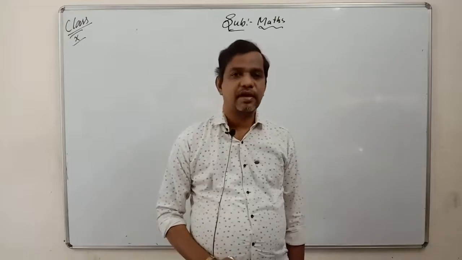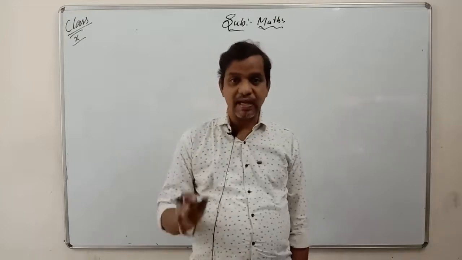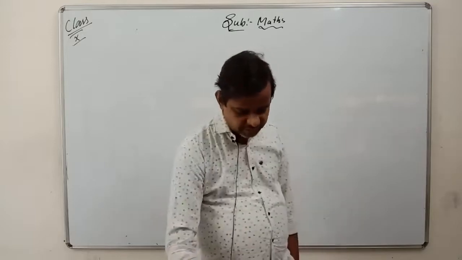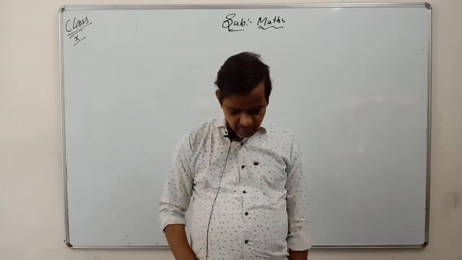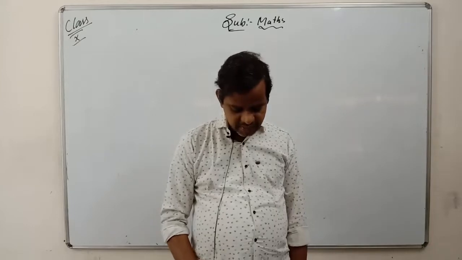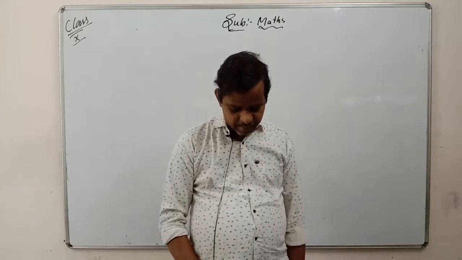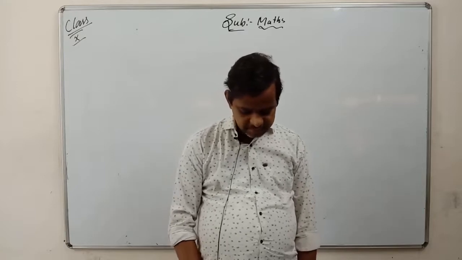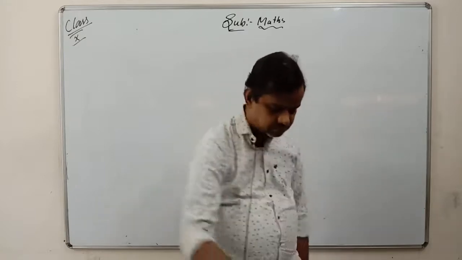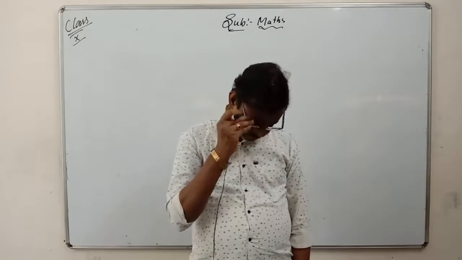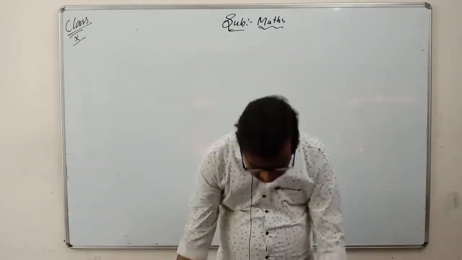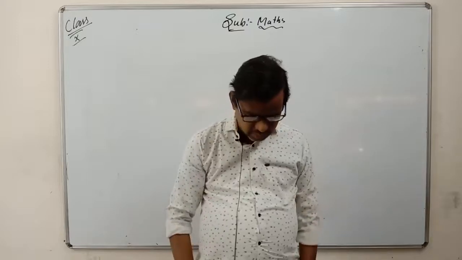If you open your textbook and see what he has given in the table: fill in the blanks in the following, given that A is the first term and D is the common difference, and the nth term of the AP. So what do you have to find?